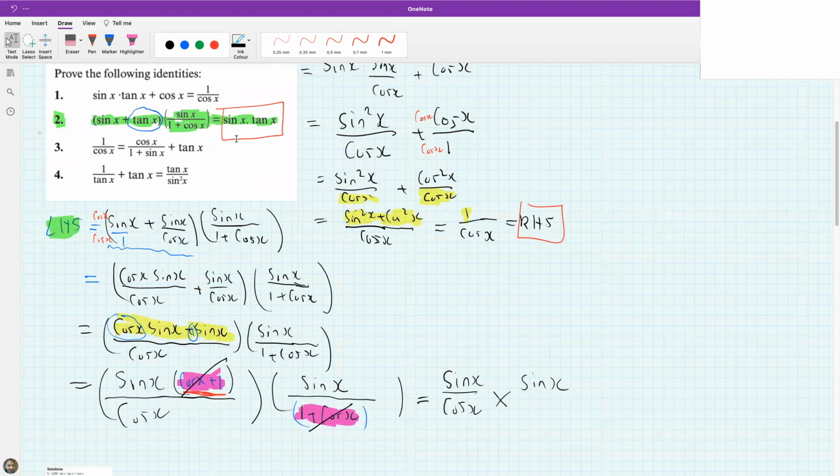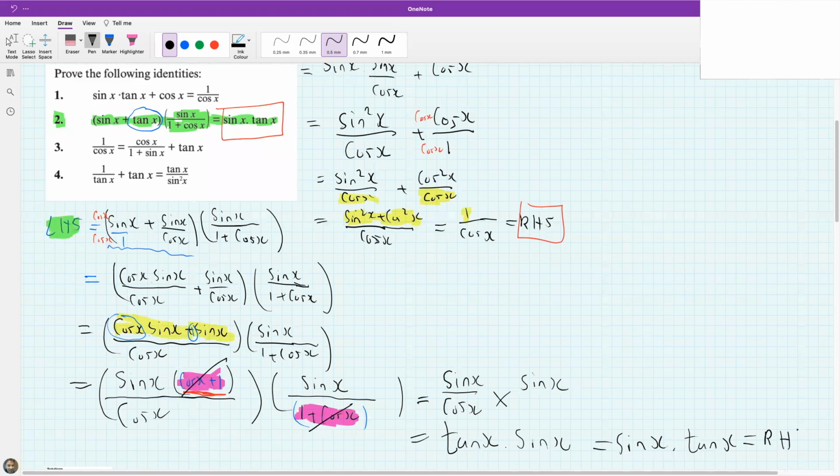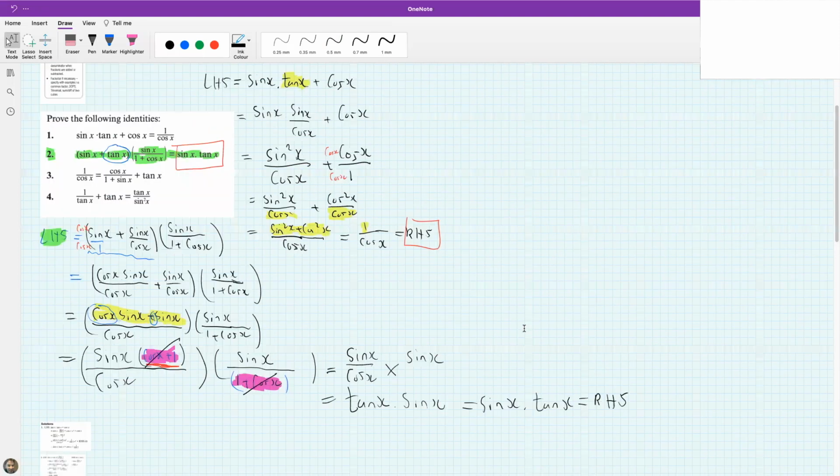What do I need to do in order to get there? Tebogo, Kat, I think you're onto something. I think that this bit over here can be changed to tan x, and this is sine x. And then because it's multiplication, I can just rewrite it as sine x times tan x, which is equal to the right-hand side. And so that is a proper difficult trig identity question.